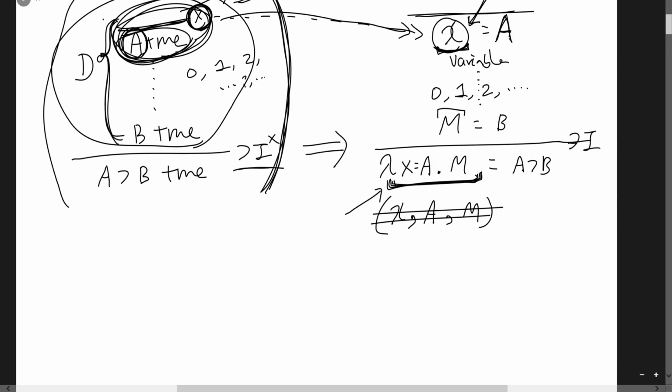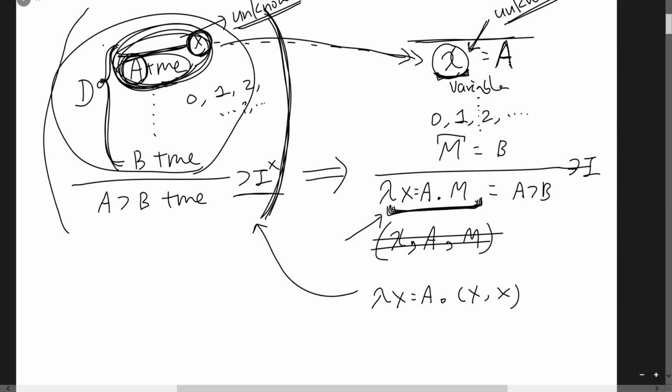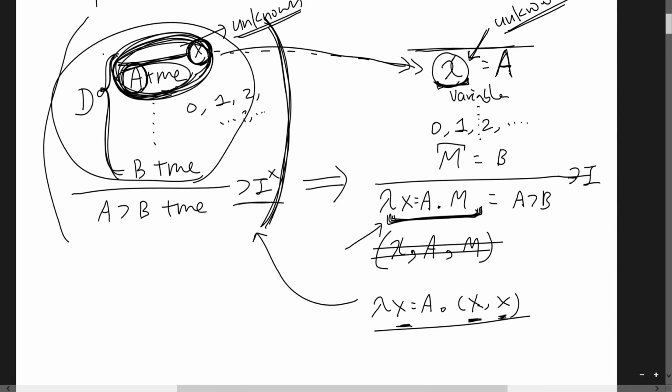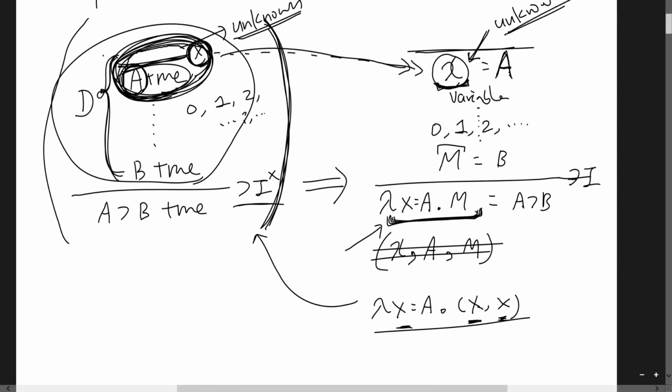So for example, we might have something like lambda x A dot x comma x, which corresponds to a hypothetical proof where the hypothesis is used twice. If this hypothesis is used twice, then we will see 2 copies of variable x in the corresponding proof term. Or you may choose not to use this variable x at all.